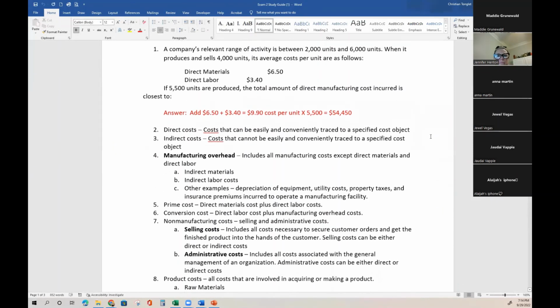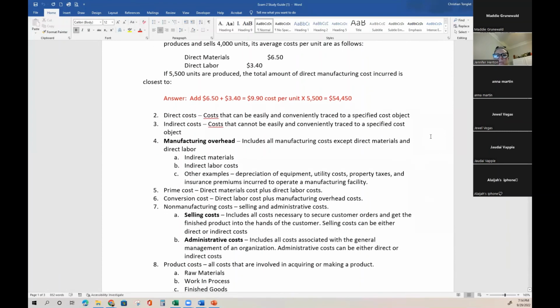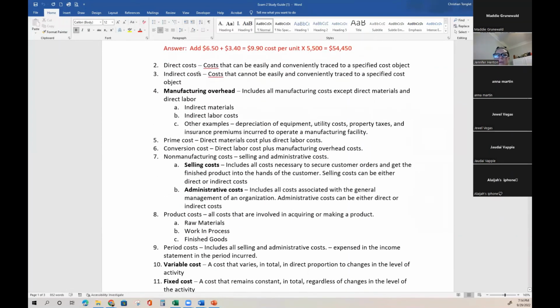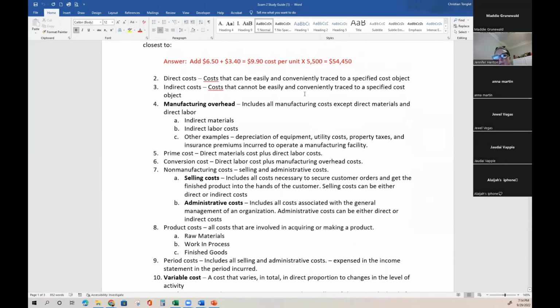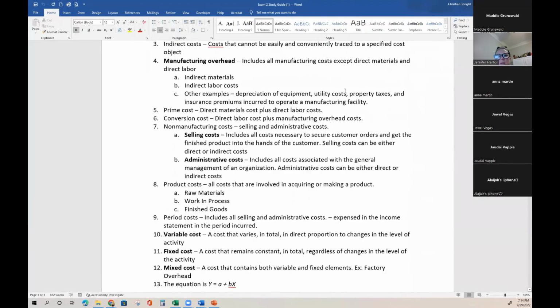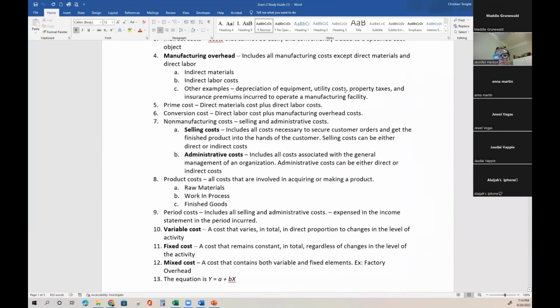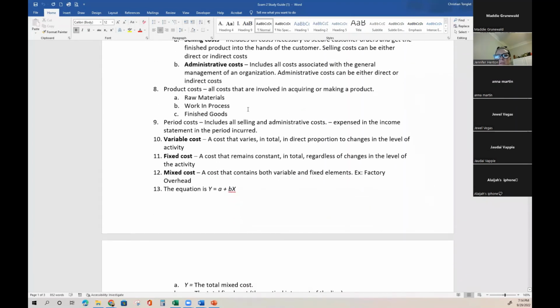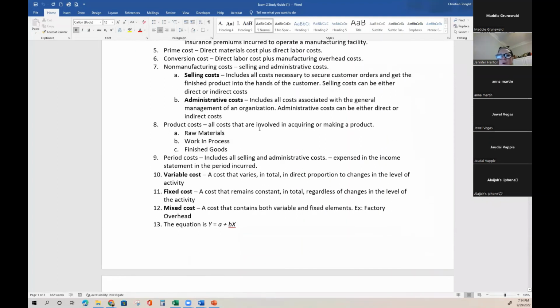So I'll give you a question, give you the answer and how to calculate it. Direct costs, indirect costs. If it's on there, that means I want you to know what that is, what your manufacturing overhead is, selling costs, administrative costs. Then here's your product cost. We have those three.